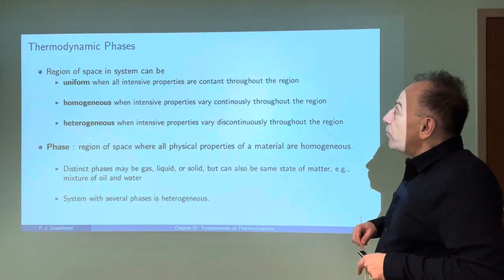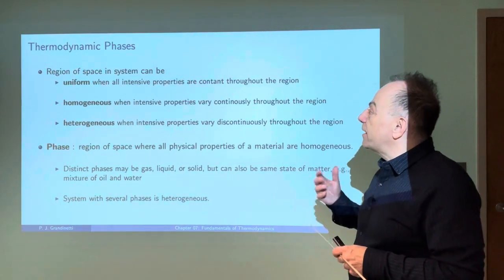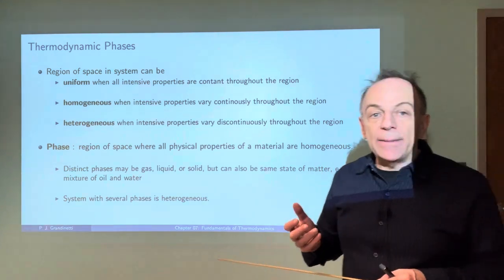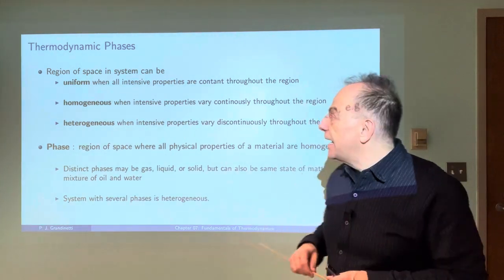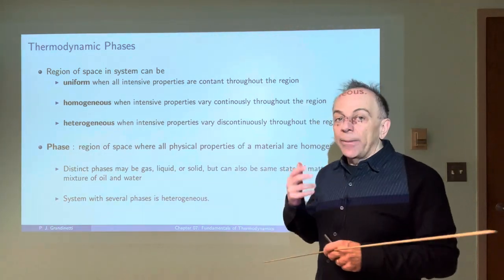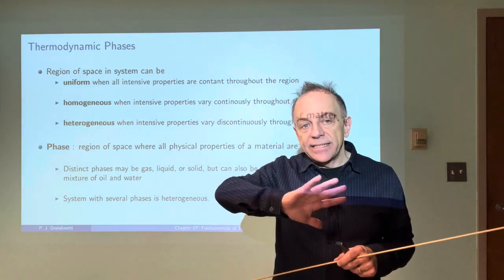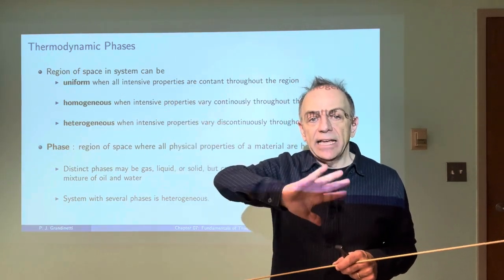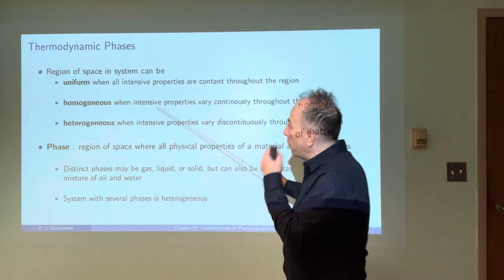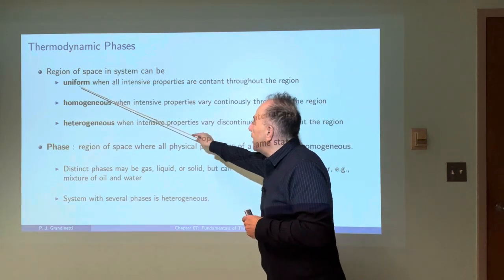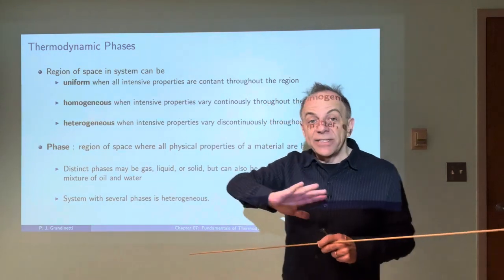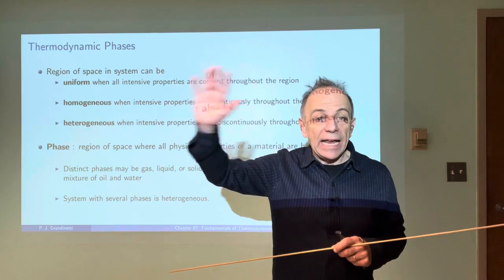It's also important when we're doing thermodynamics to understand what we mean by the different types of phases that are present. And when we think about thermodynamic phases, then we start thinking about how the system exists in regions of space. So if the system throughout a region of space has all of its intensive properties identical at any point in space.